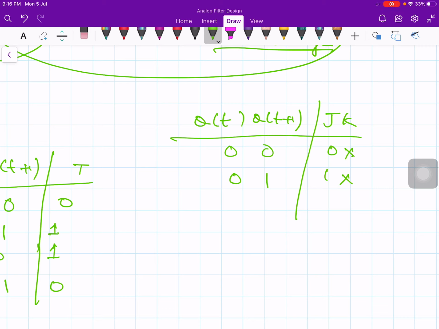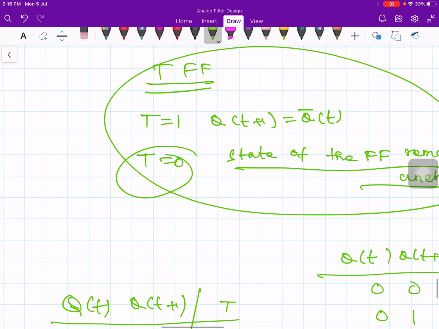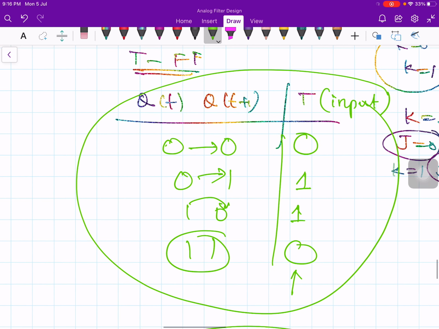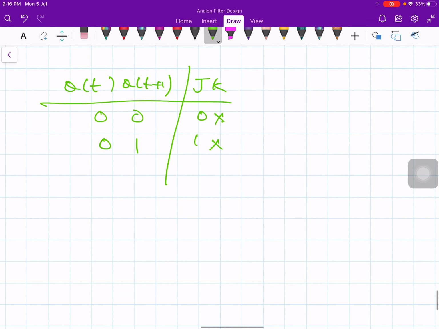Therefore 1X. Don't memorize this. Just try to understand the concept and you can straight away write down the values. So no need to memorize this table. 1 to 0, you are resetting the flip-flop. Therefore it will be X1. And 1 to 1, no change. Therefore it can be either 0 0 or setting the flip-flop 1 0. Therefore X0. That's all.